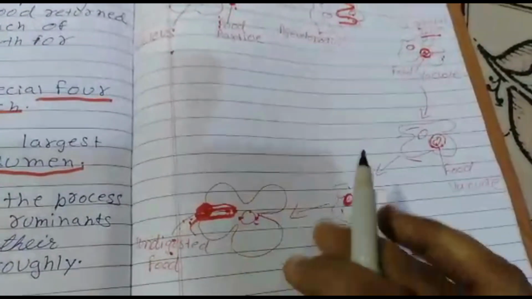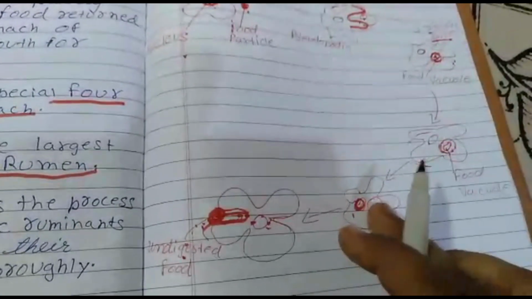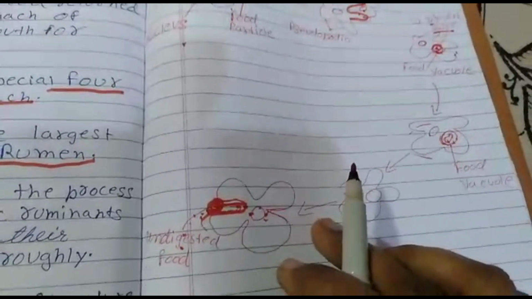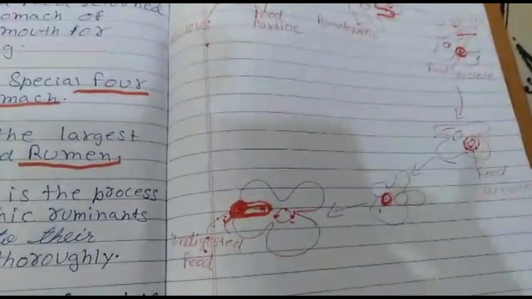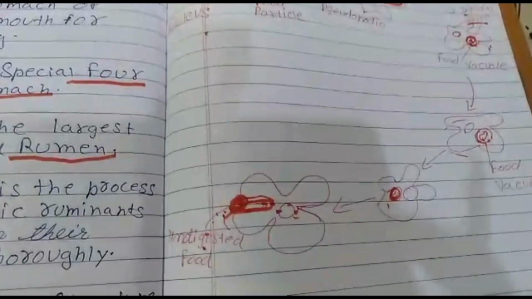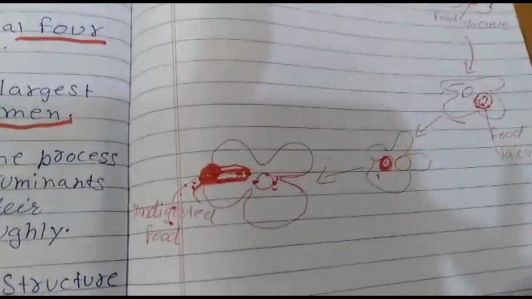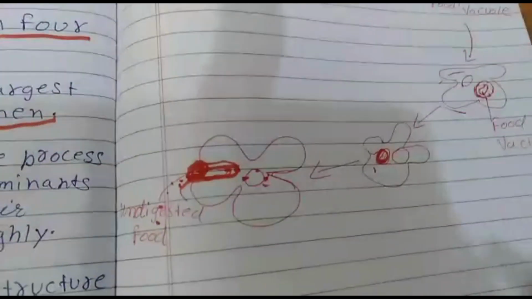And this very process, the elimination of waste product from the body, is called what? Whatever undigested unwanted material in the food vacuole went outside, what do we call that process? It is called egestion.